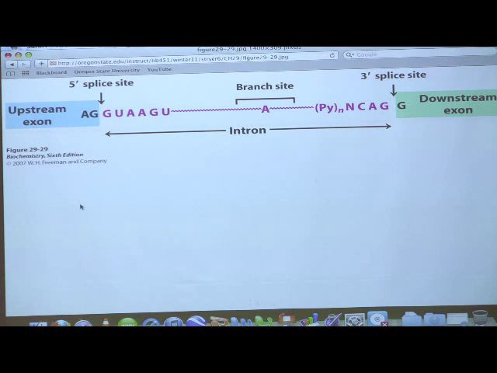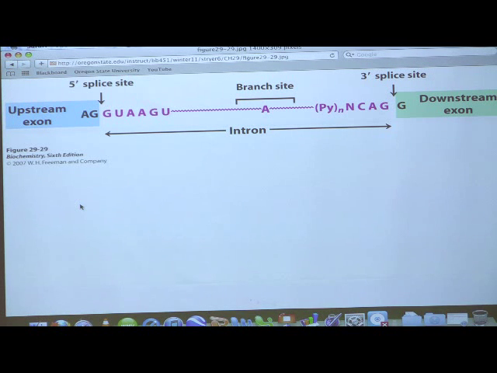Okay? Well, what we do know is the following. We do know from examining all of the introns that are known that essentially all of them have what's called a conserved sequence at the 5' end, a conserved sequence at the 3' end, and a conserved sequence in the middle. I'm going to describe these. When I say conserved, I mean that they are found across a wide variety of them.